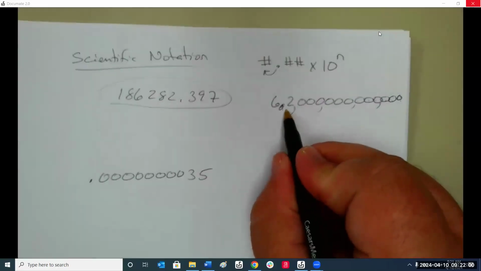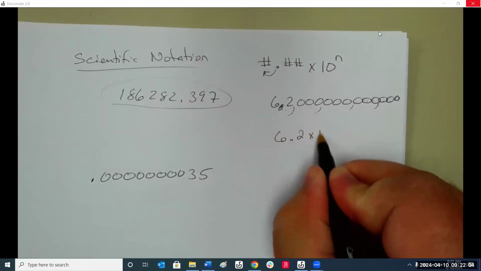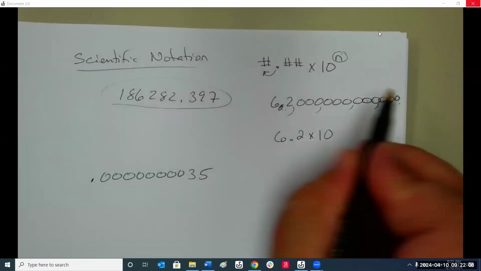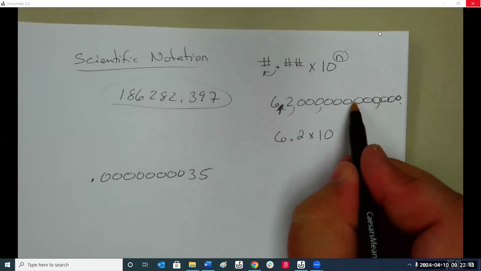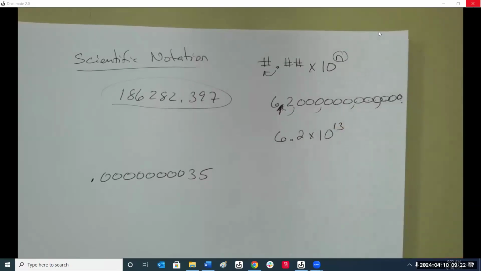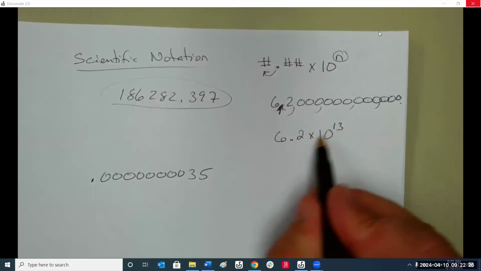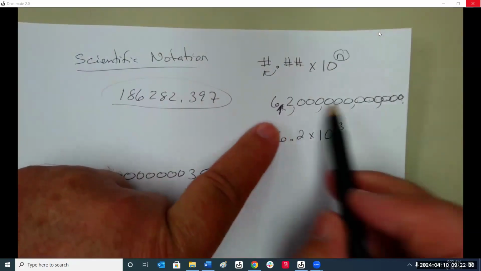So this one would be 6.2 times 10 to the n, where n tells us how many spaces to move the decimal to get to that location. So 3, 6, 9, 12, 13. From 6.2 times 10 to the 13th, I know I have to move the decimal place to the right 13 spaces. It'll be that one.